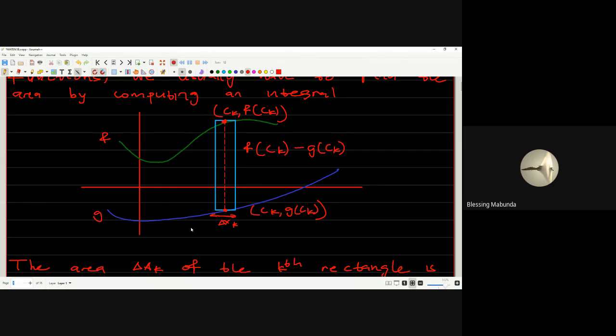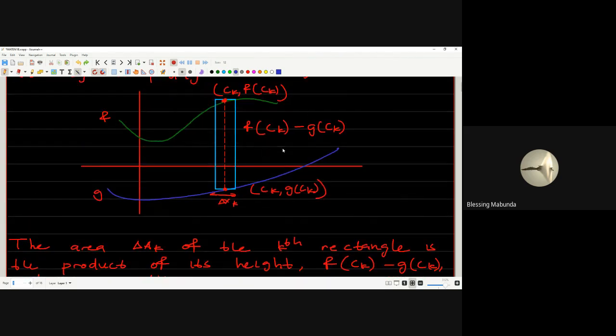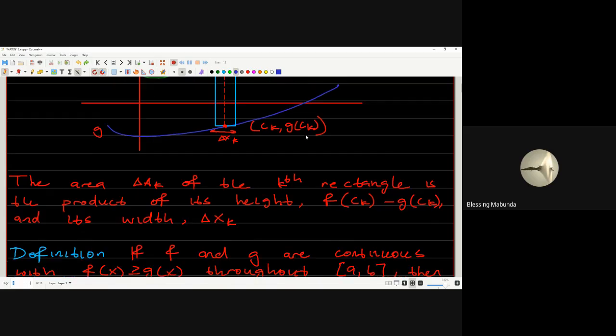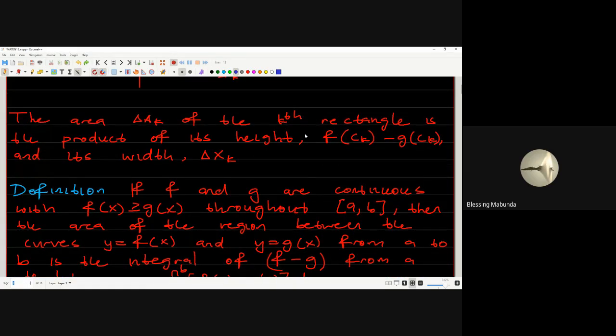So what we did here was that instead of considering this entire region, we partitioned a small section of that bounded region, and we found the area to be delta xk multiplied by f of ck minus g of ck. So we have our definition here.